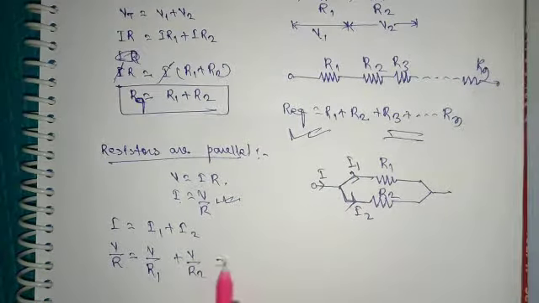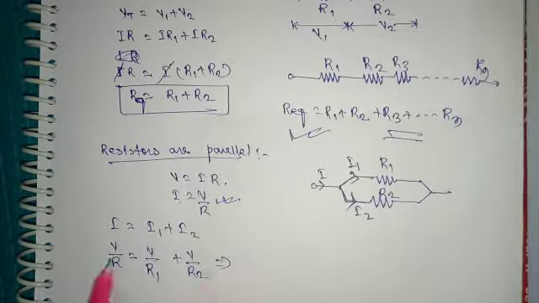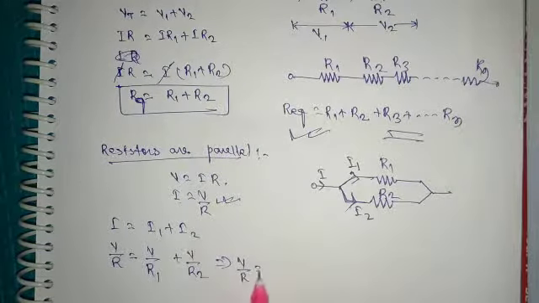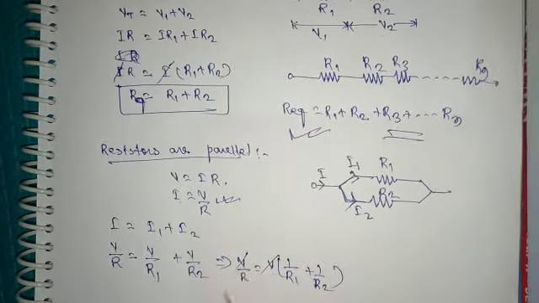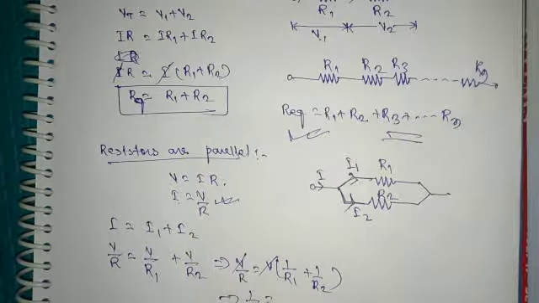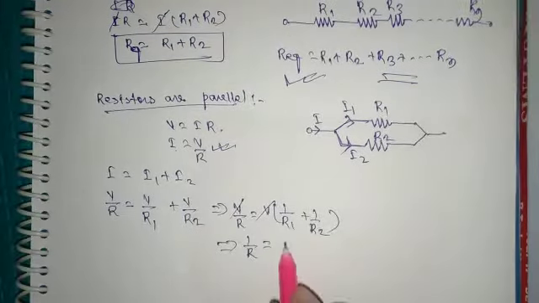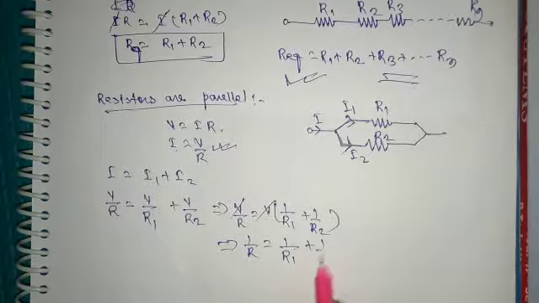So we can write V by R, taking V outside common, as V times 1 by R1 plus 1 by R2. V cancels, so 1 by R is equal to 1 by R1 plus 1 by R2.